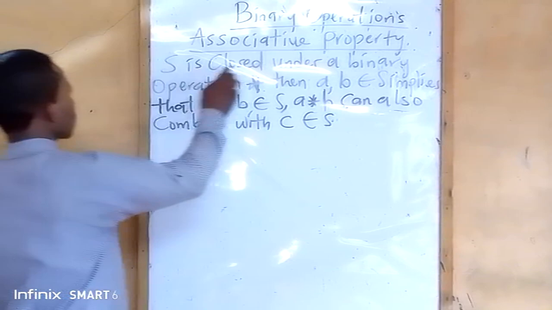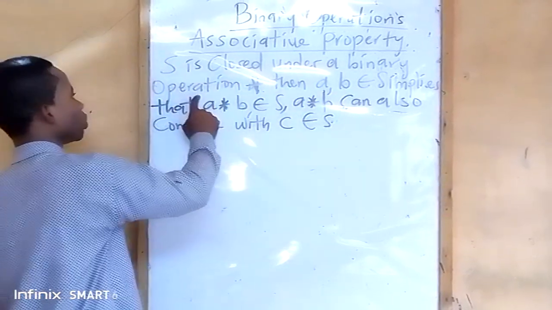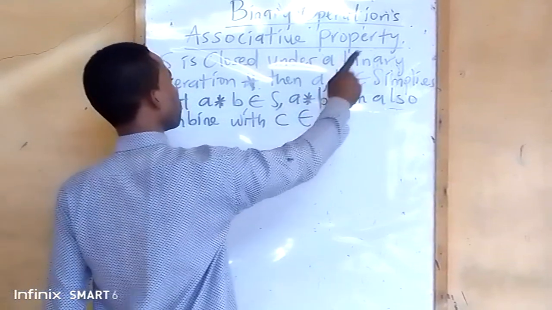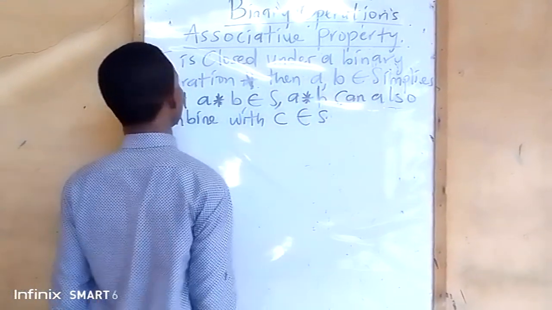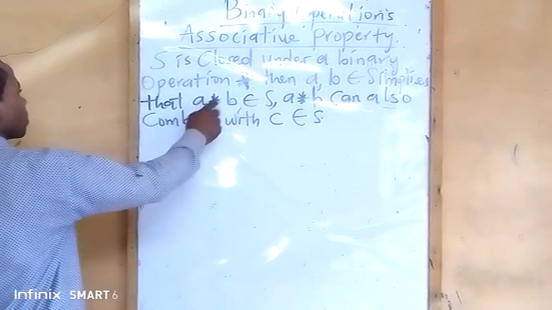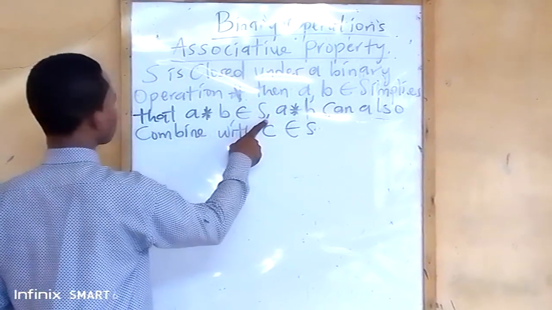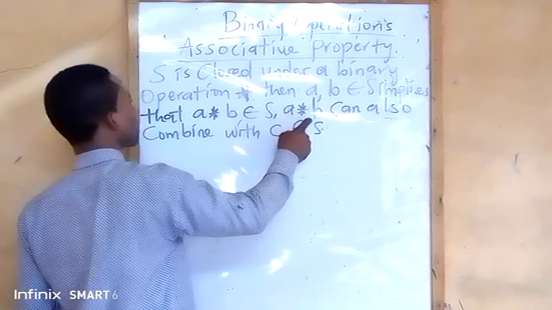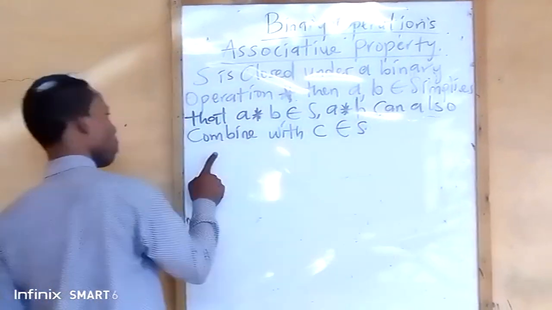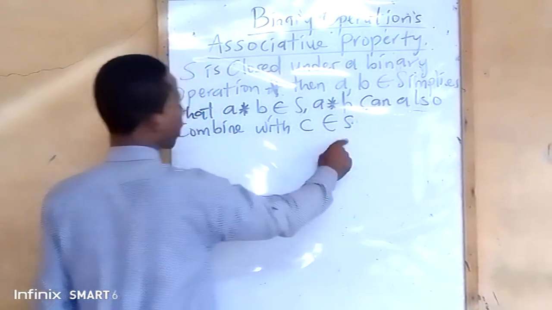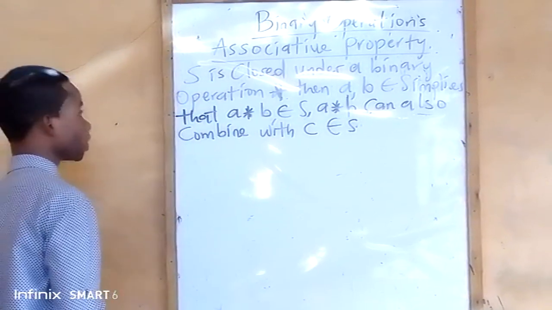If X is closed under a binary operation asterisk, then A and B, members of X, implies that A asterisk B is an element of X. And A asterisk B can also combine with C, which is also an element of X. Now, what does that mean?